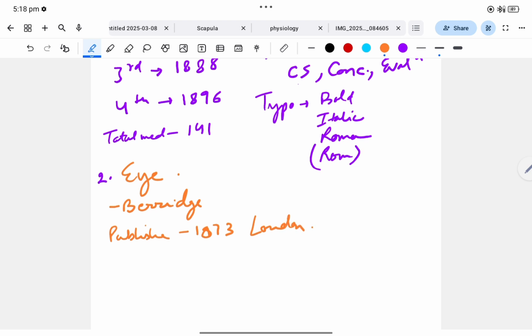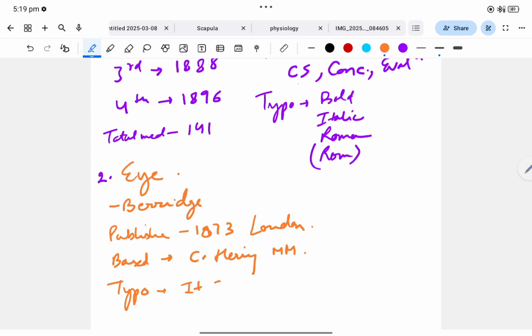Here Berridge gave importance more to clinical symptoms. The main basis of this repertory is Hering's Materia Medica.